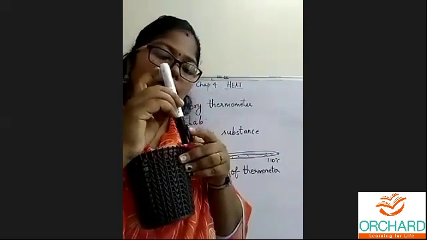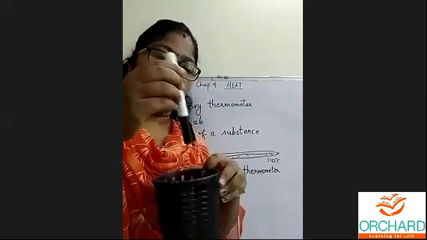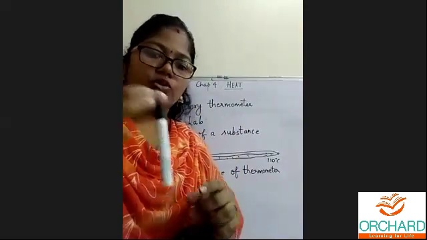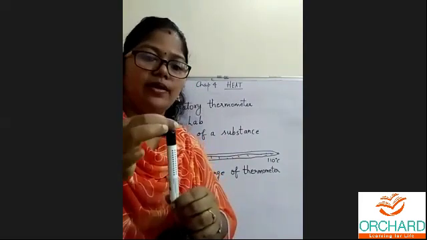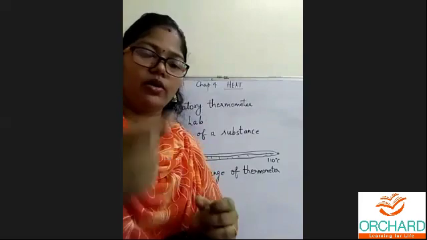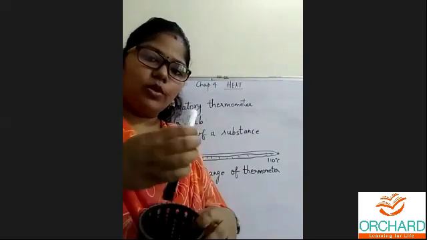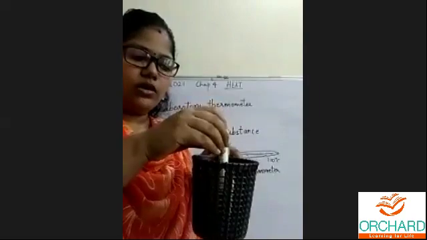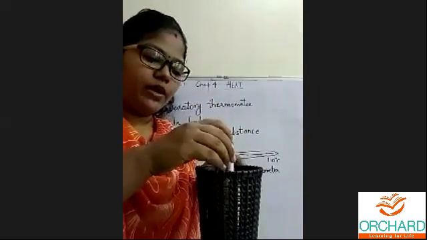Whenever you handle the thermometer, you shouldn't handle from this part. You shouldn't touch the glass bulb part which has the mercury. Okay, so now this has to be put into the substance, into the liquid, into the solution of which you're going to take the temperature.